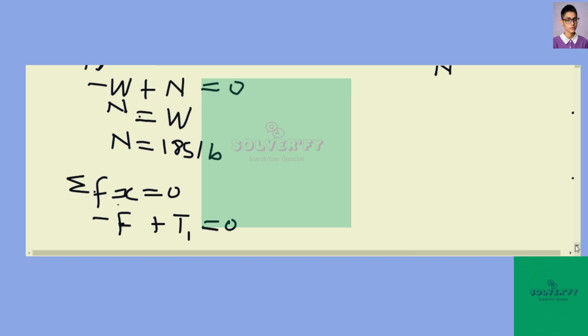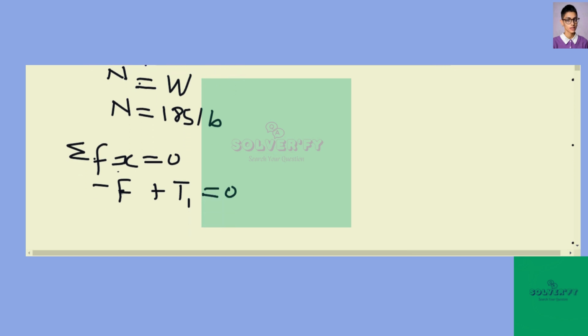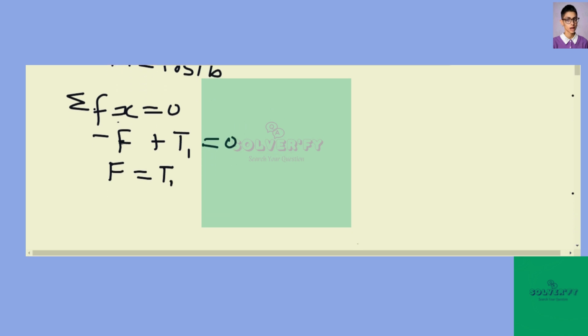So that we will now have our F equal to T, and we know that our tension T1 is equal to 136 lb. So therefore F is equal to 136. So the minimum force is 136 lb.